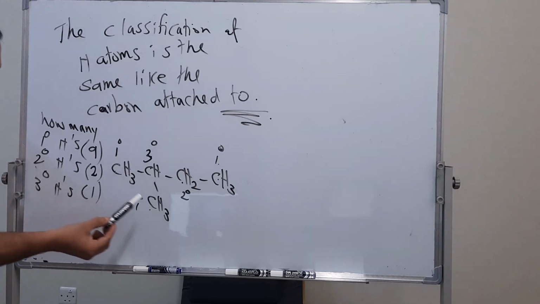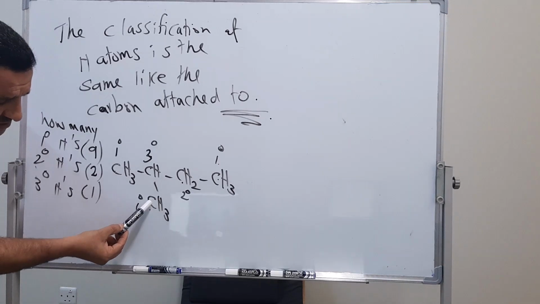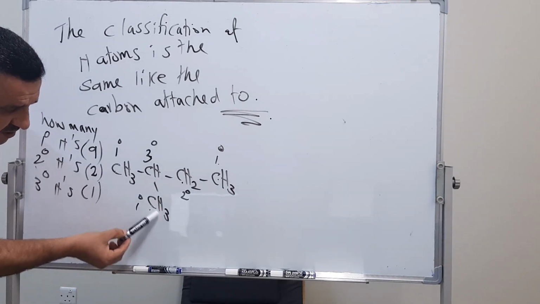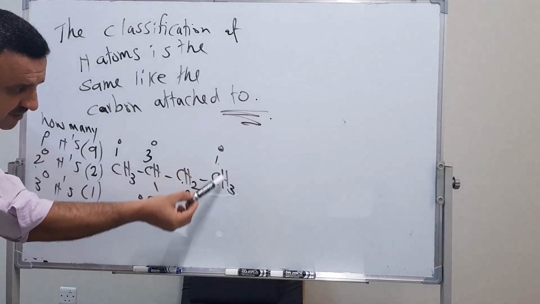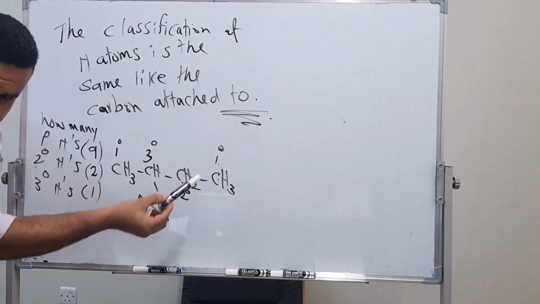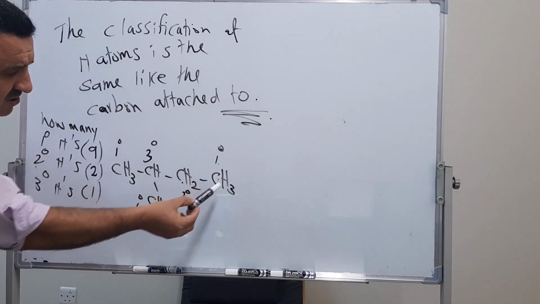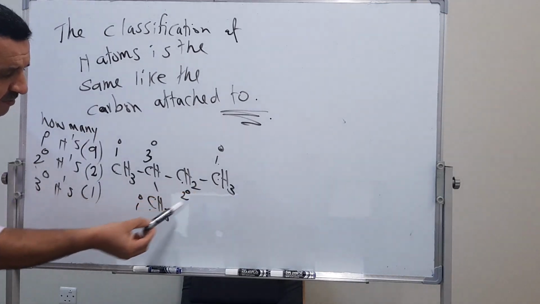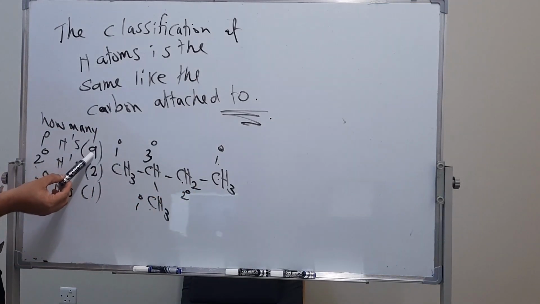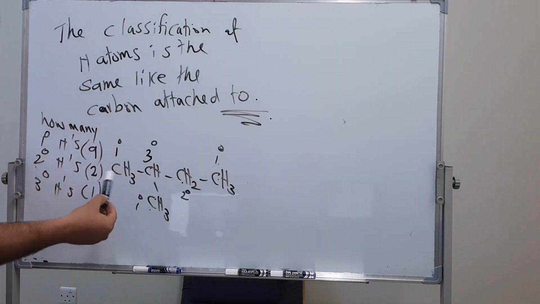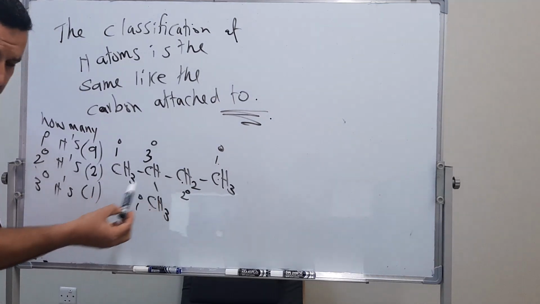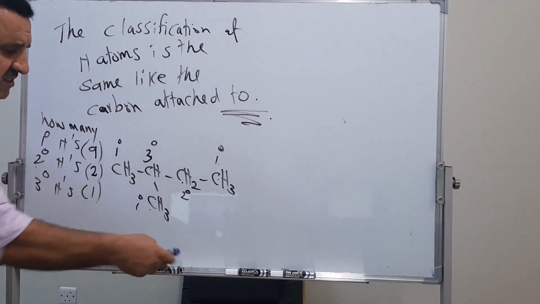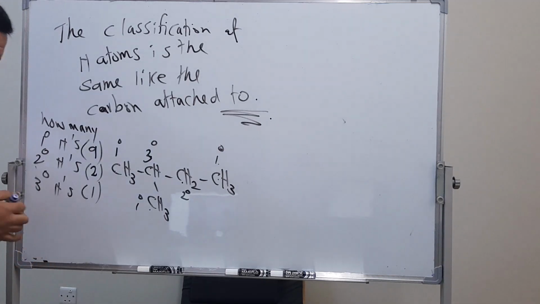The same thing applies to this carbon. Because this carbon is primary, we have another three primary hydrogens. This carbon is primary, then we have another three primary hydrogens. Therefore, in total we have 9 primary hydrogens. Now the same applies for the secondary. We have only one secondary carbon in this case. I will just circle it.